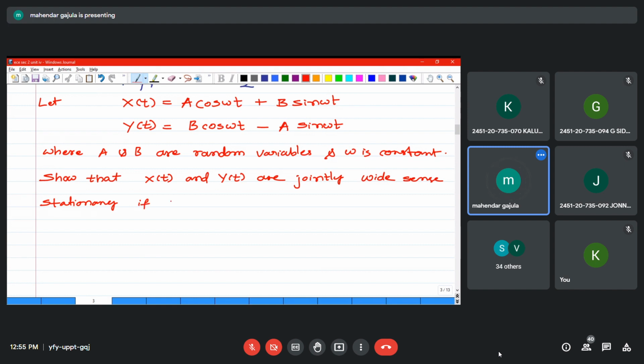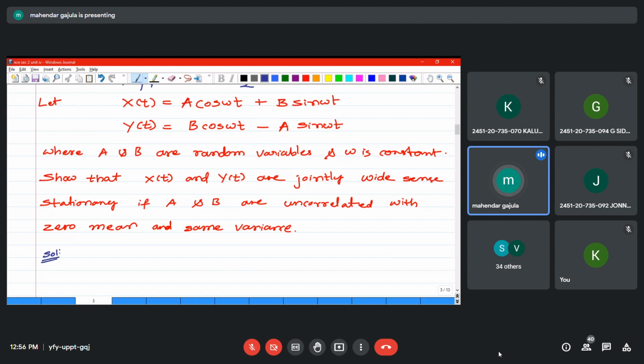If a and b are uncorrelated, with zero mean and the same variance, xt and yt are given.